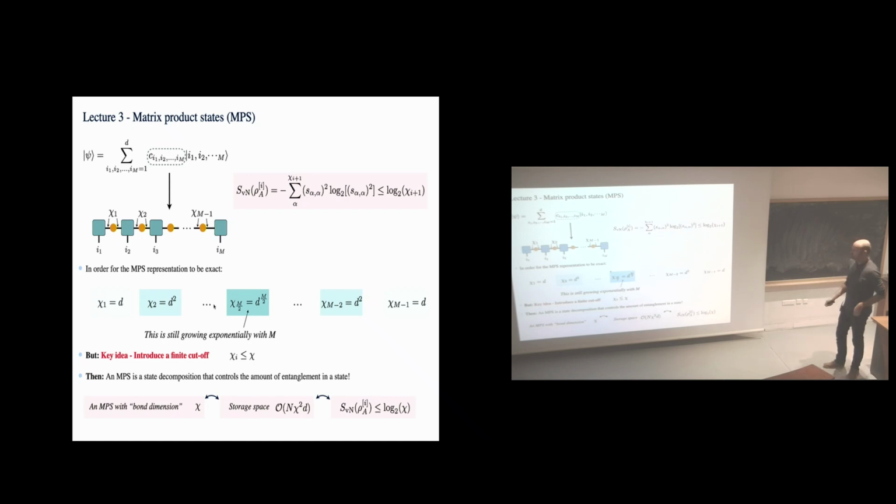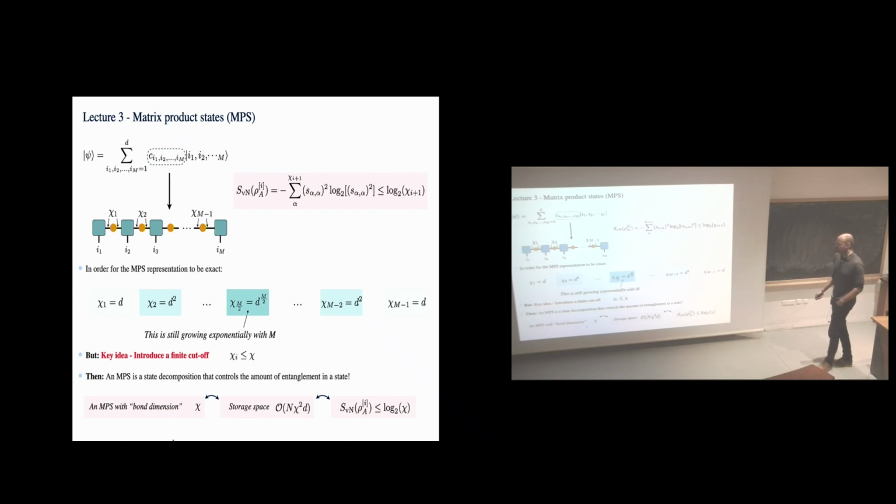But now if I go back to my key idea and introduce this cutoff value chi for all of these indices, then I strongly limit the amount of entanglement that I can have, but I need much smaller numbers to describe my state.